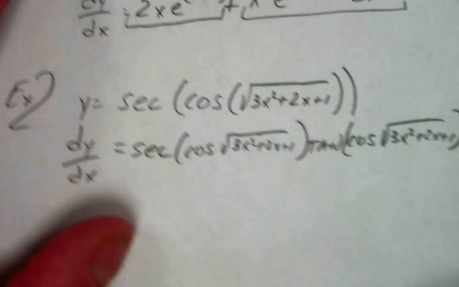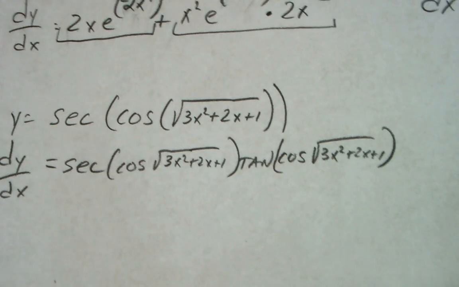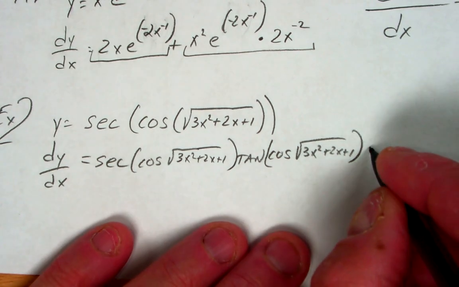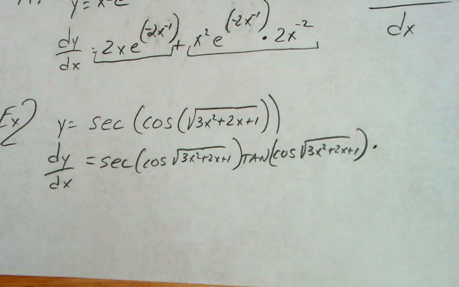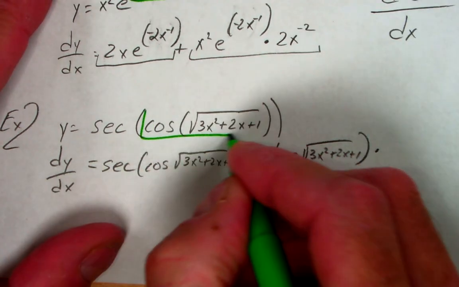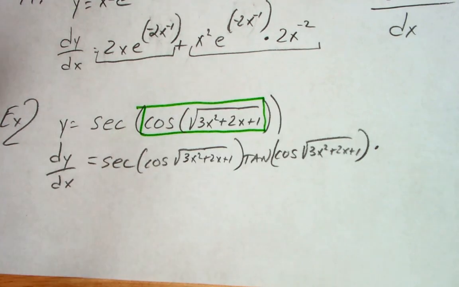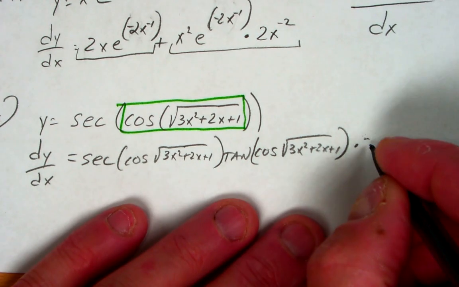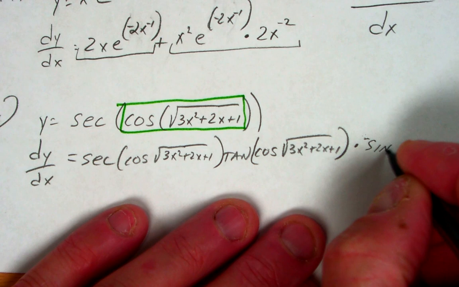And are we done? No, I've got to take it times the derivative of what now? The cosine. So now I need to take the derivative of that function, which is negative sine of that ugly thing.